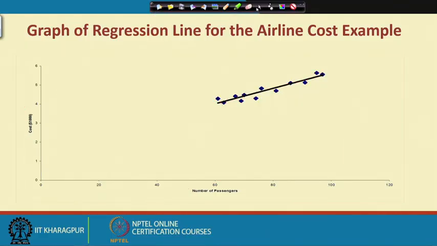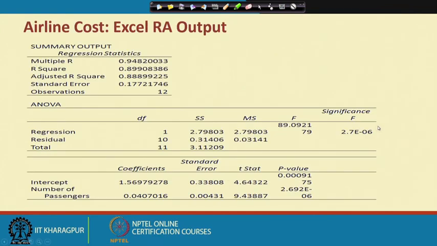Accordingly we can move further, and this is the overall regression output. On the basis of the y and x information, you can find out the entire regression output, and the regression output will help you with the y prediction corresponding to the x information.